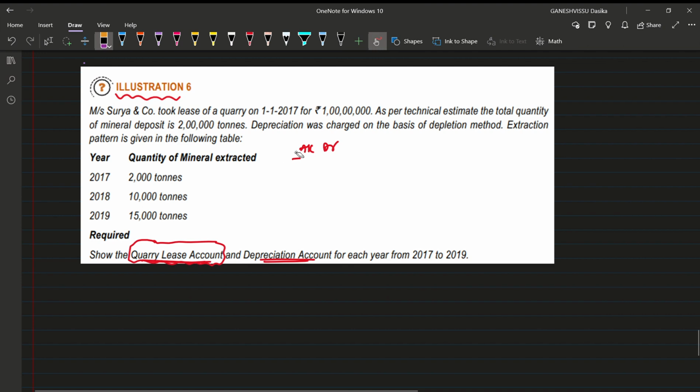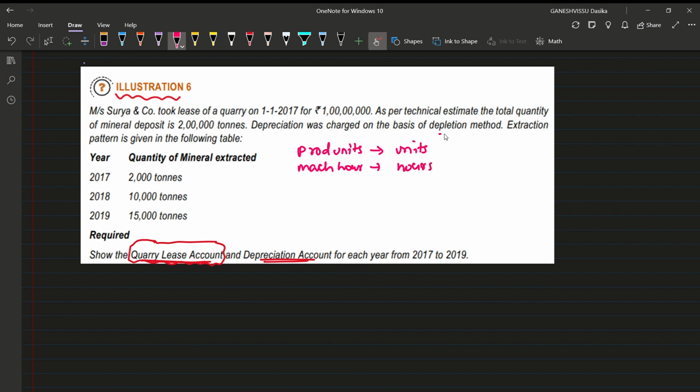And of course, we have seen in the previous lecture the production units method and the machine hour rate method. For the production units method, units are the base. For the machine hour rate method, hours are the base.